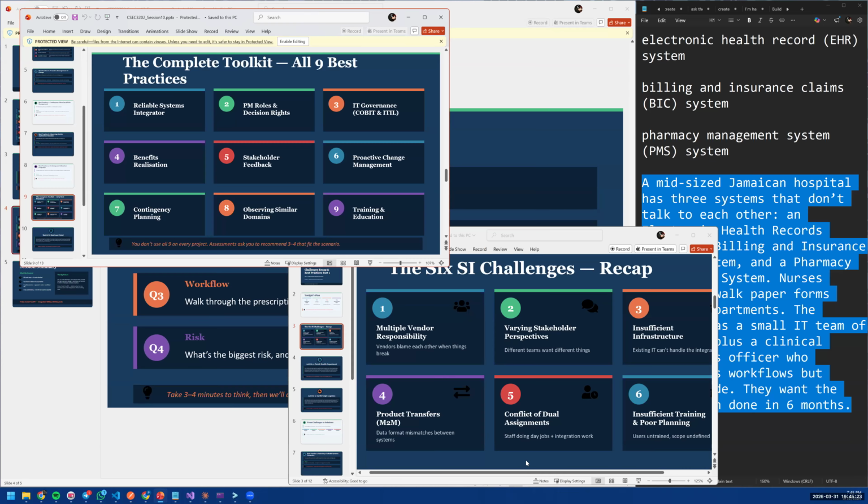Sir, which one, Terry? Say again. He said multiple vendor responsibility, and to fix that, we have a reliable system integrator. I guess also PM roles and decisions could be used for that as well. The other one he said was varying stakeholder perspectives. Wait, you said varying stakeholder.